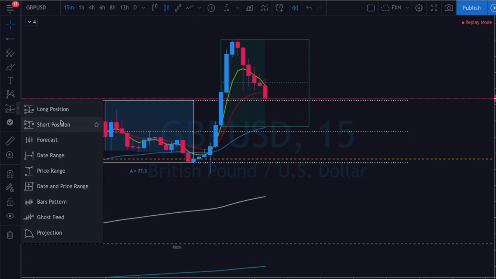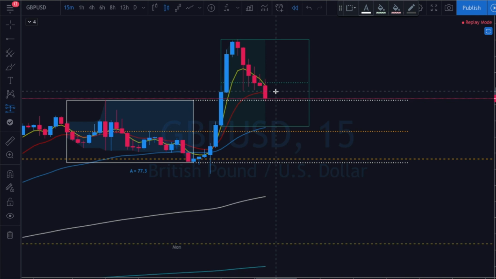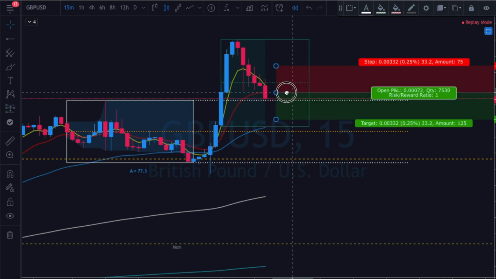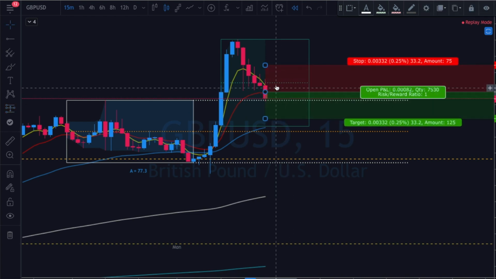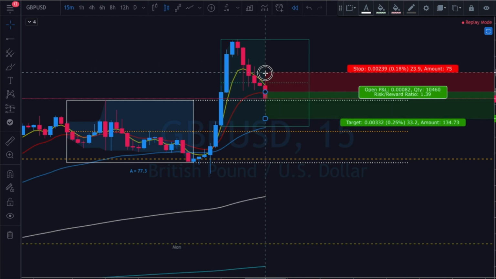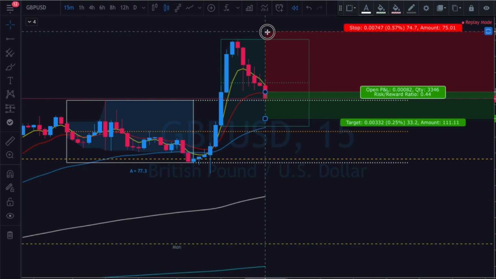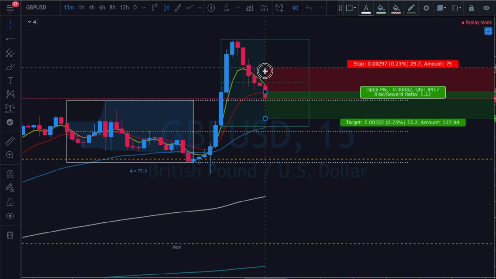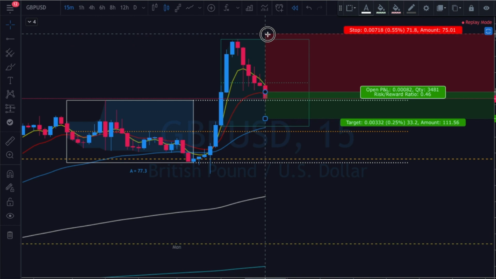Really the pullback is what you would like to see, maybe half of that candle, so at least you can use a tighter stop loss. Because there's no way you're going to use a 74 pip stop loss. That doesn't make any sense. And this is what I'm talking about, where these types of trades don't make any sense.